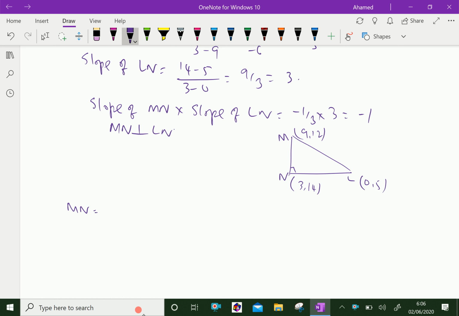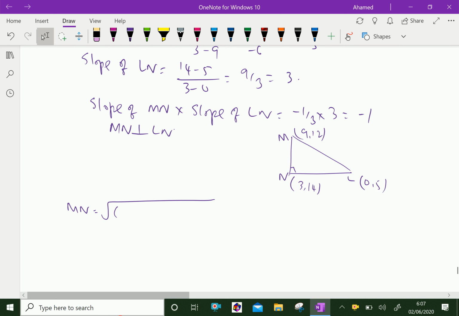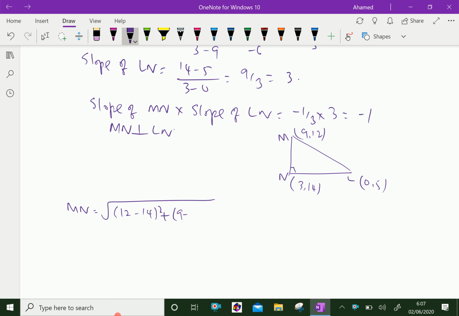MN equal square root of 12 minus 14 whole square plus 9 minus 3 whole square, which is equal minus 2 whole square, that is 4, plus 9 minus 3 is 6, 6 whole square is 36.